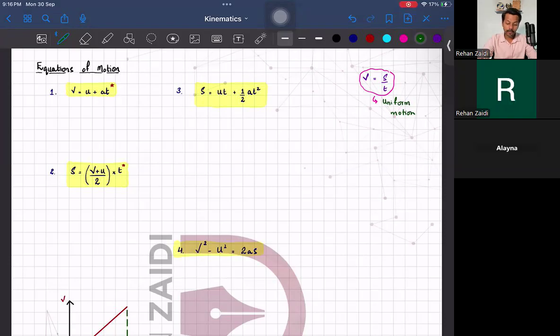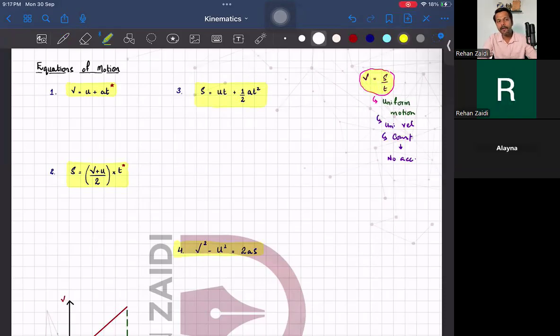Uniform motion as in uniform velocity. Uniform velocity का मतलब है constant velocity, which means no acceleration. Acceleration जब नहीं होगी, if the object is moving with a constant magnitude of the velocity in any direction, be it positive, be it negative, अगर वो constant है, तब आप ये mathematical expression use करेंगे.